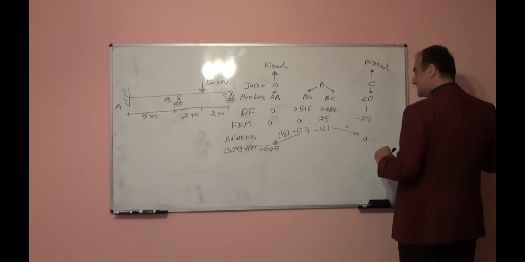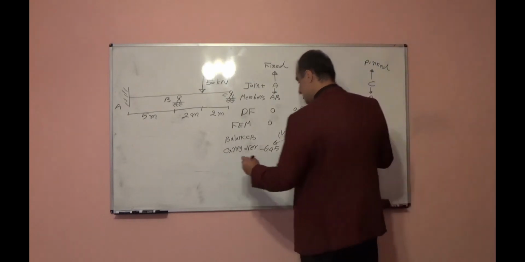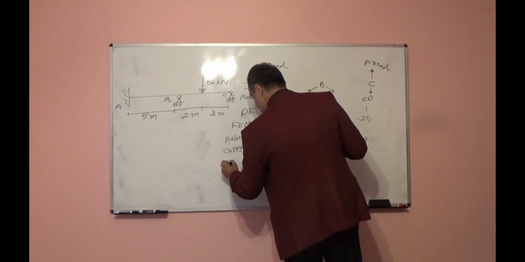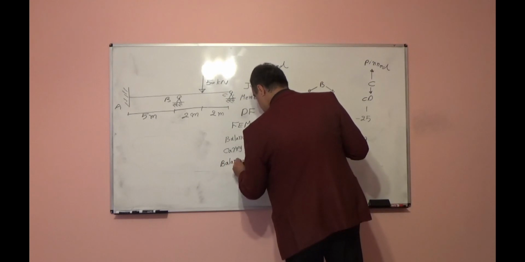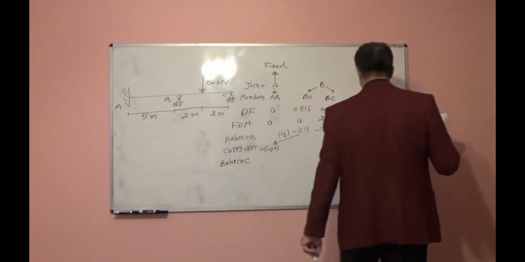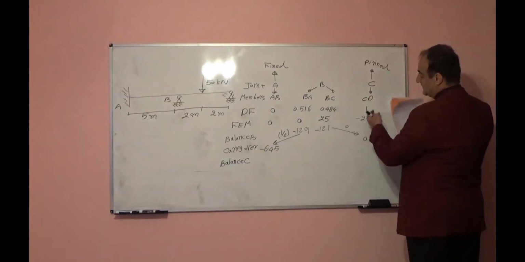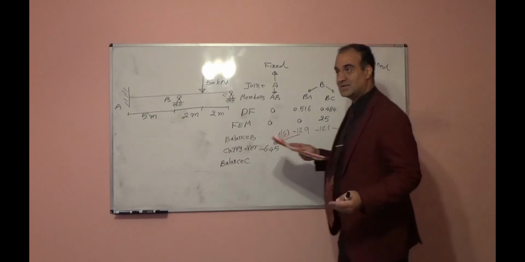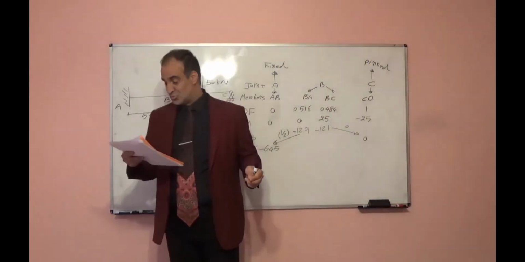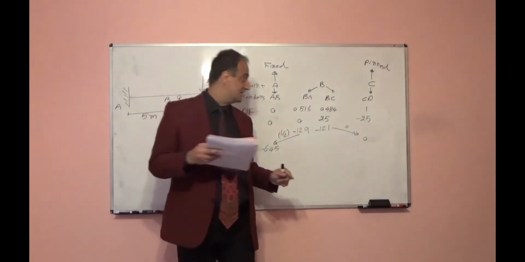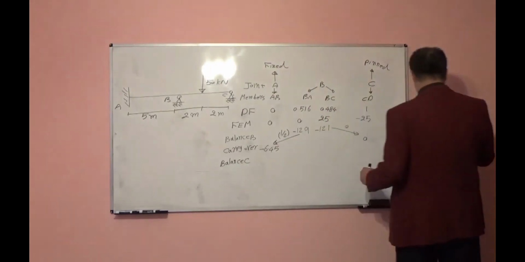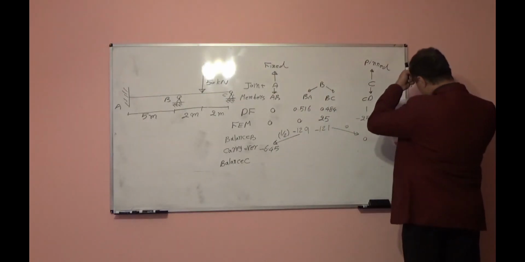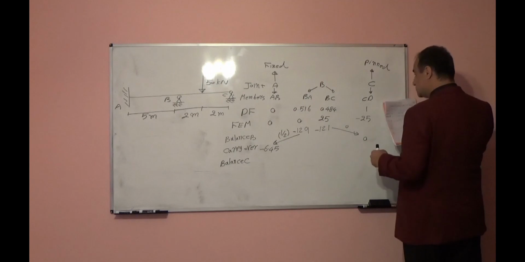Then we will balance joint C. If we balance joint C, again, what is the fixed end moment here? Negative 25. We will make it reverse direction, so it will be positive 25. So positive 25 times the distribution factor, which is 1, will be 25.